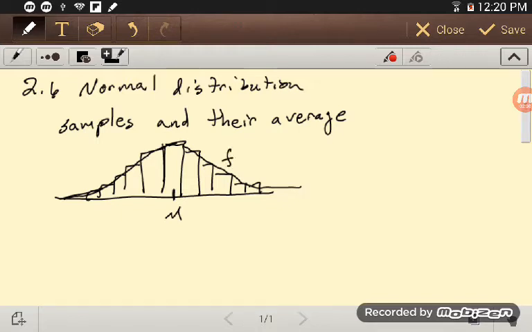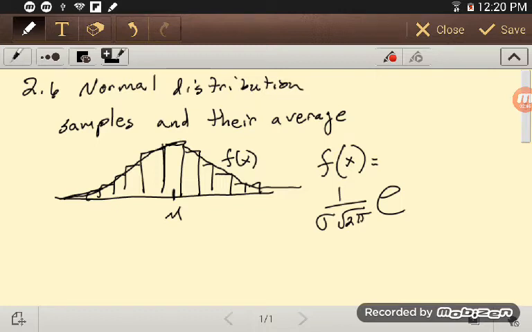That curve is a curve f of x that I can plot on a graph, and what we know is that depending on mu and this thing we call our standard deviation, f of x equals 1 over the standard deviation, sigma, the population standard deviation, times the square root of 2 pi, times e, the number e, 2.71819 something, to the negative 1/2 times x minus mu, that mean there, over the population's standard deviation, all squared.